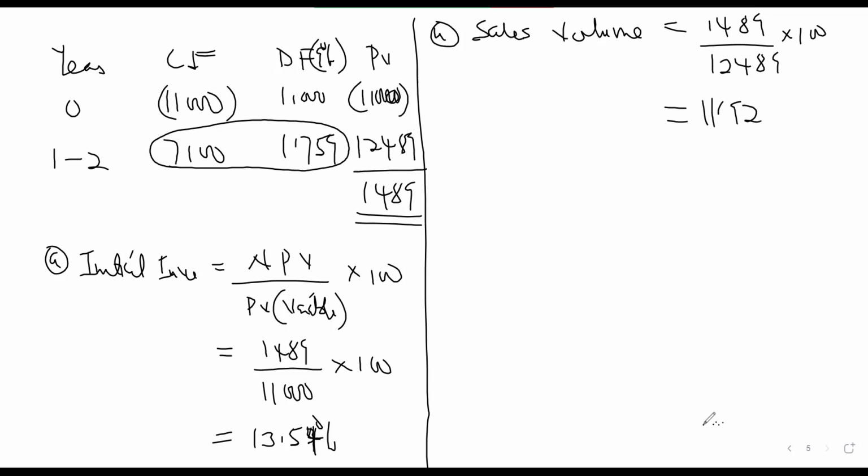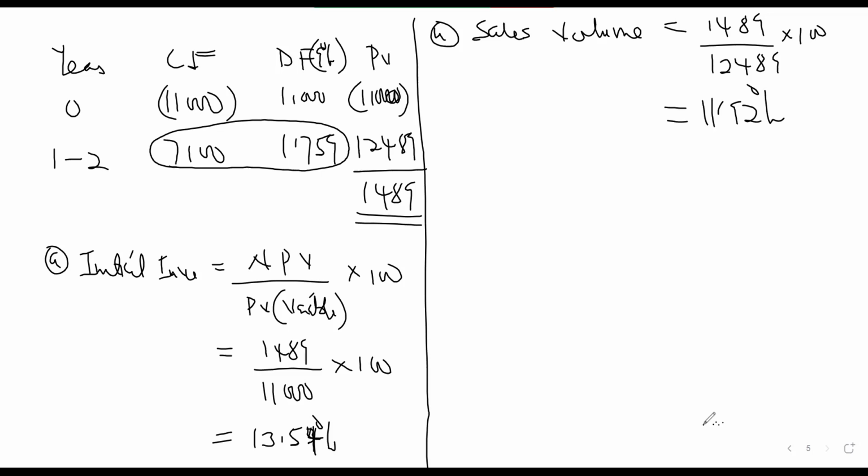11.92%. If you are doing an interpretation for cost, it should be an increase. But if you are doing it for revenue, it should be a reduction. So if the contribution should reduce by 11.92, the project will break even.